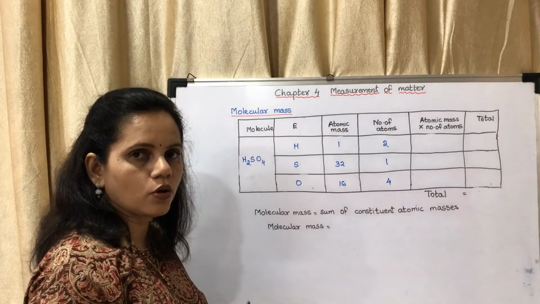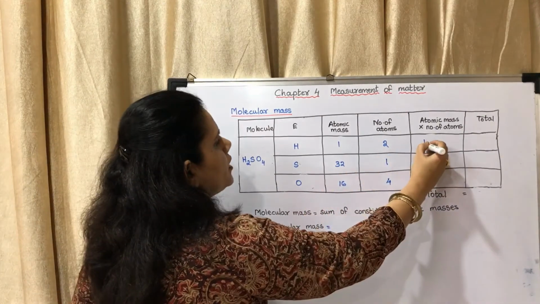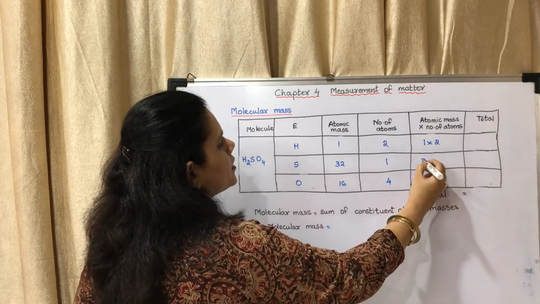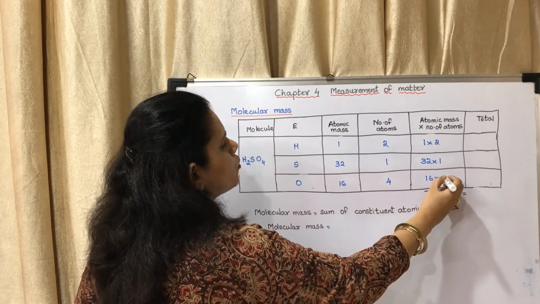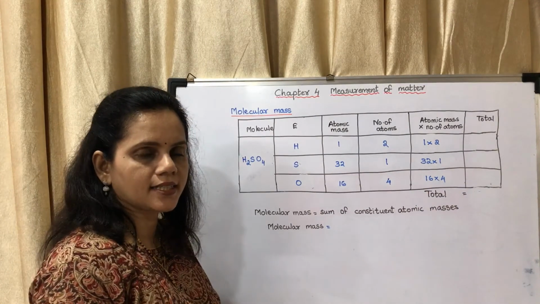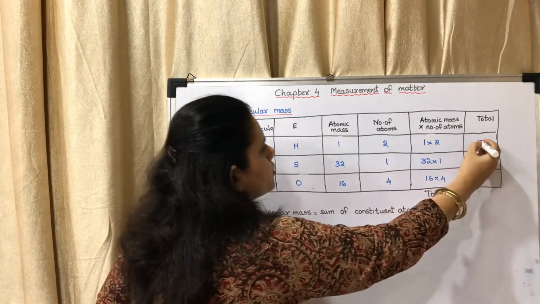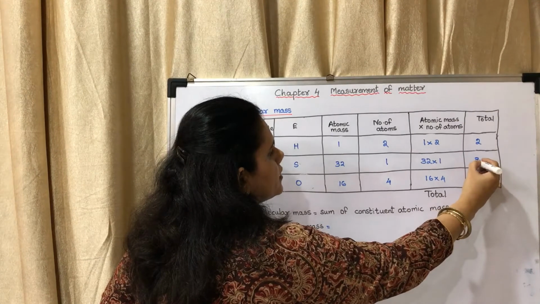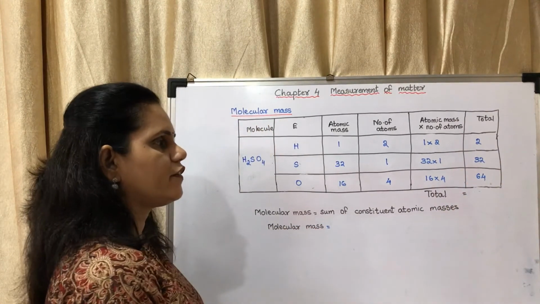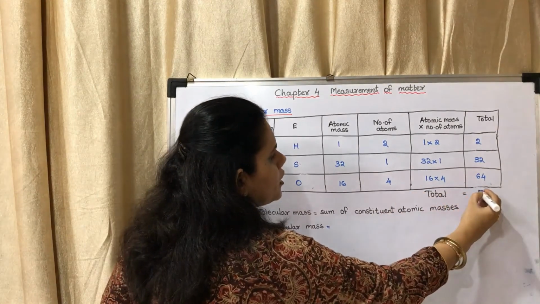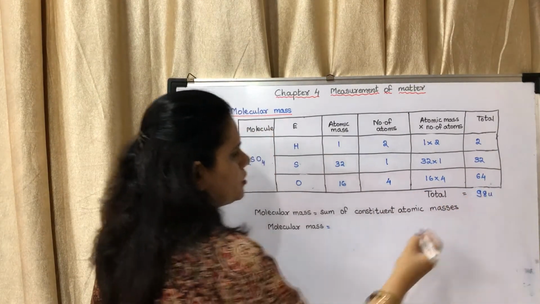It is H2SO4. So 1 into 2, 32 into 1, 16 into 4. Okay, 16 into 4. Thus you will get here 2, here 32 and here it will be 64. If you add this, you will get the value 98 Dalton.